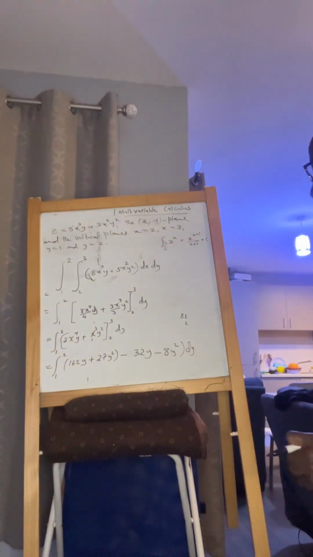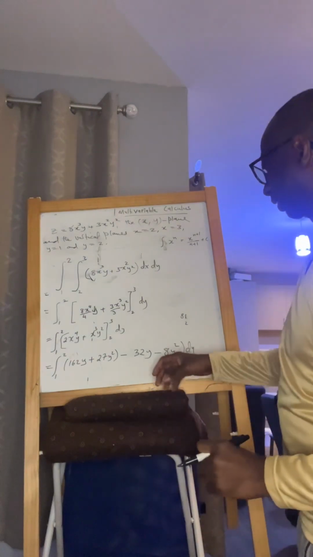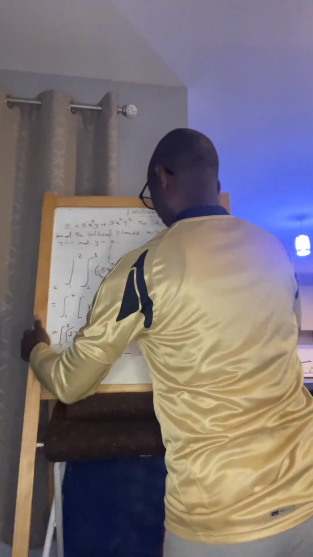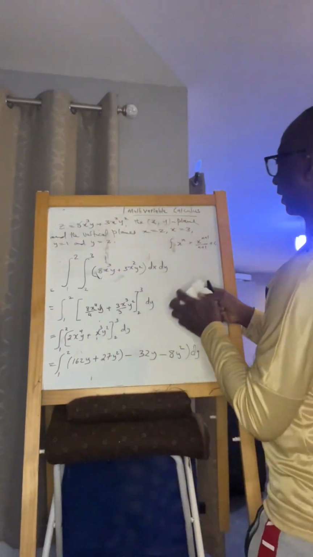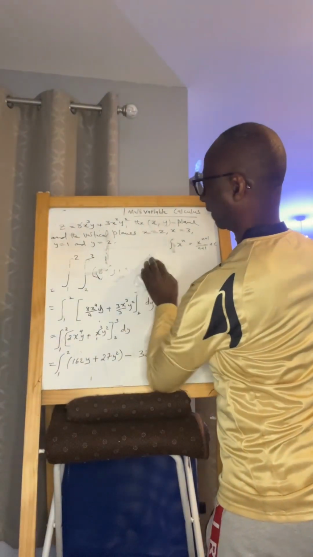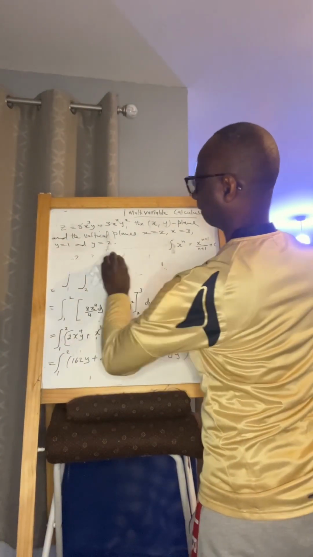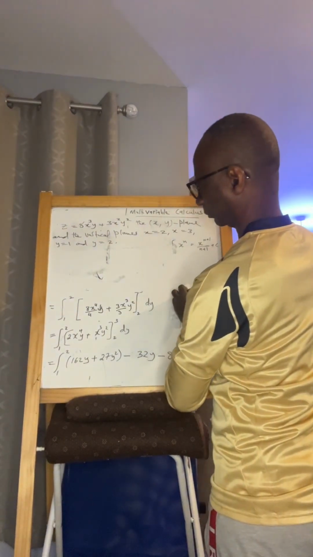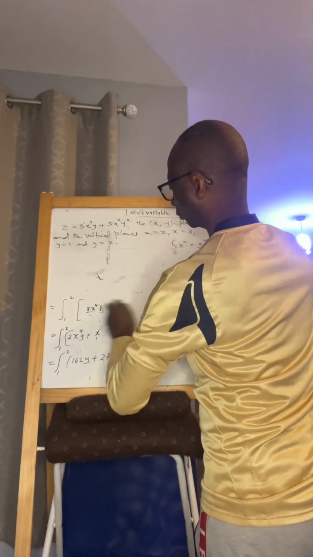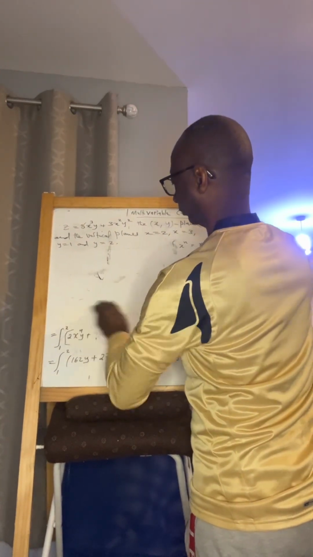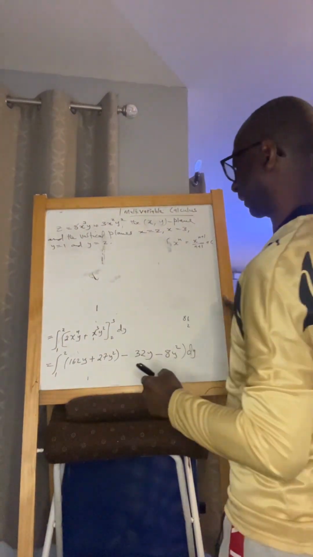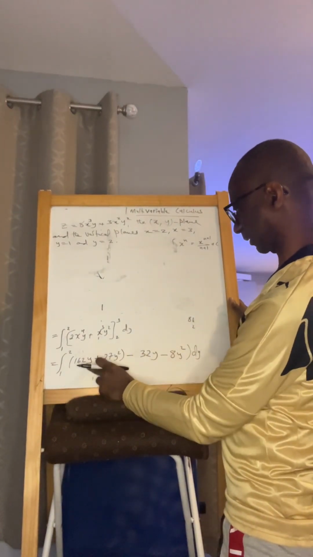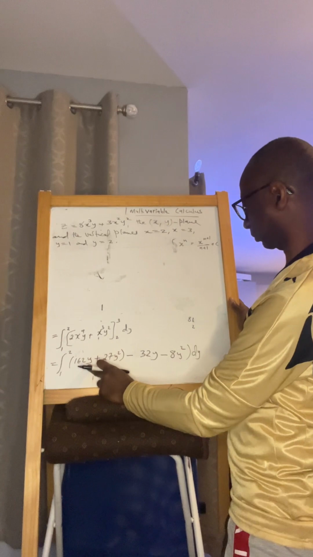Okay, now we'll simplify. I will take off this one at the top so that I can have more space. I hope you follow. We'll simplify now. This is minus 32y, this is 162.